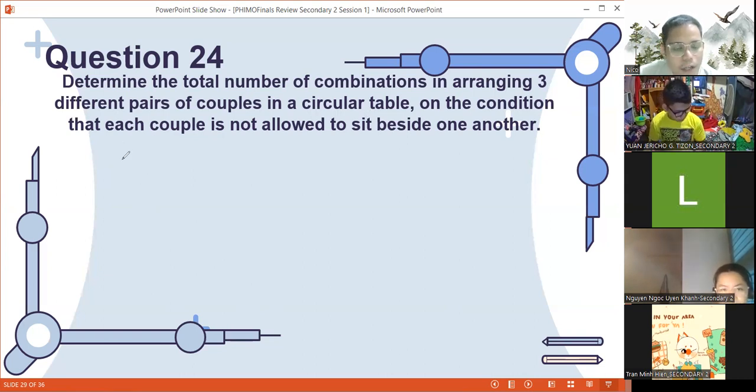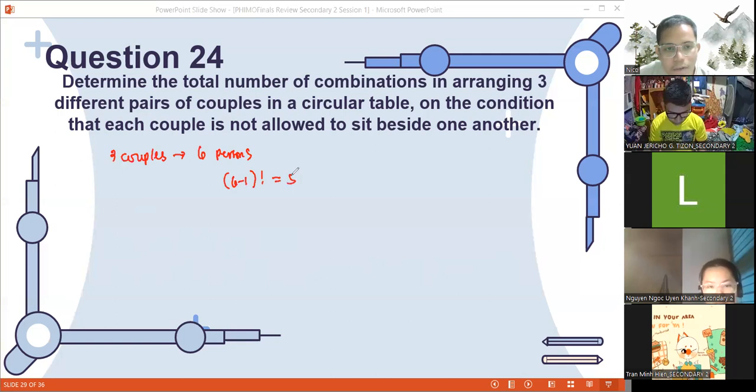So there are 3 couples. That's a total of 6 people, right? In a circular permutation, it's going to be 6 minus 1 factorial. So that is 5 factorial, which is equal to 120, right? So this is the total ways to arrange.